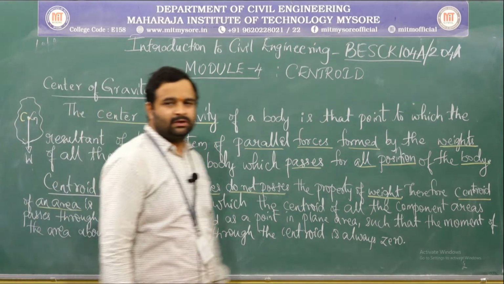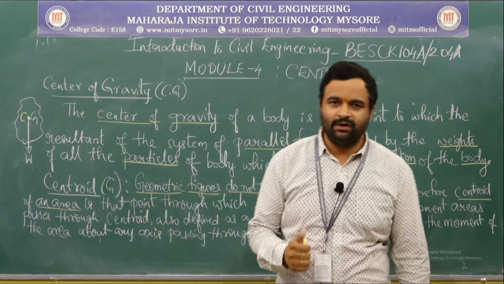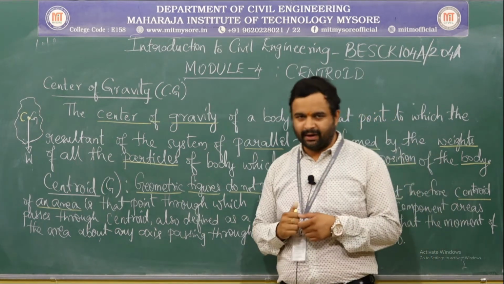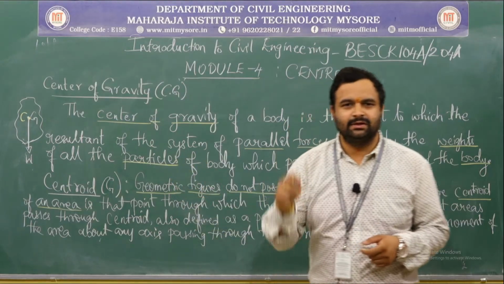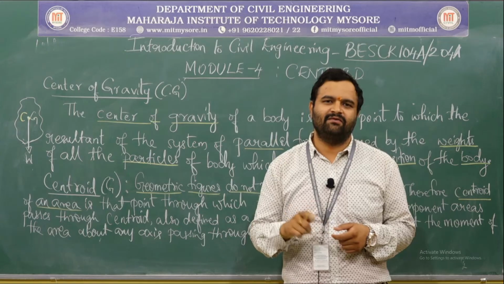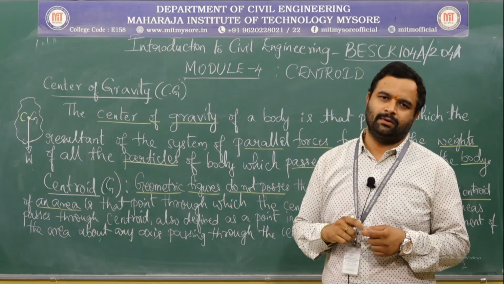Center of gravity is defined for a body having mass, but centroid is located for an object having an area.